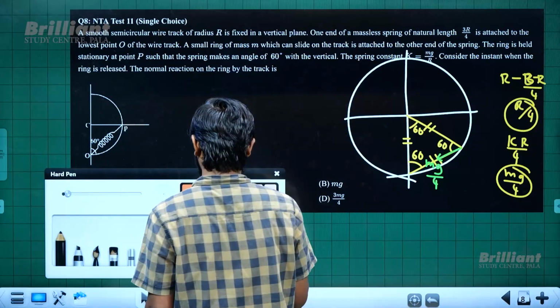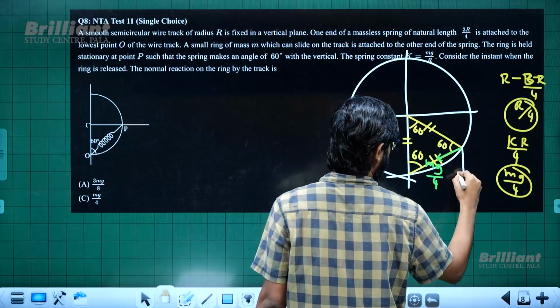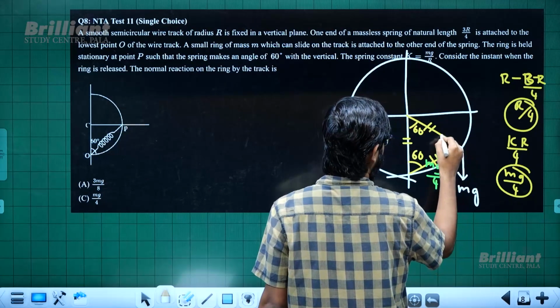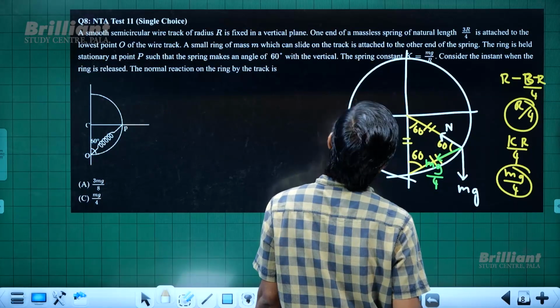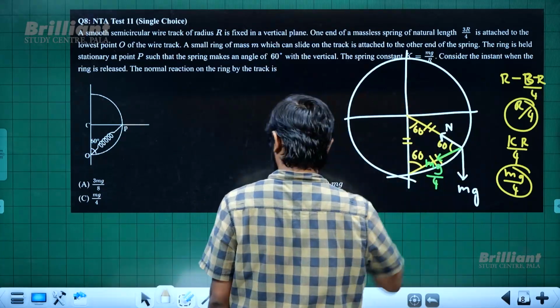Now apart from spring force there will be weight. Weight will be mg. Now apart from that there will be normal. Now the net force towards the center equals mv square by r.